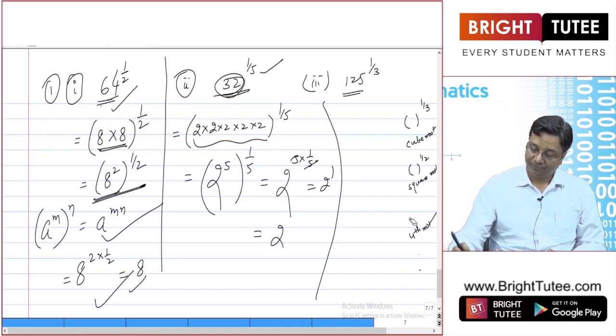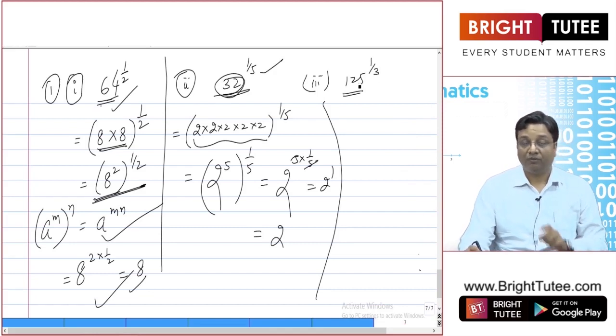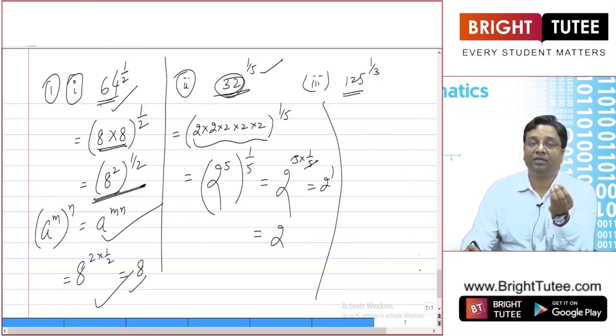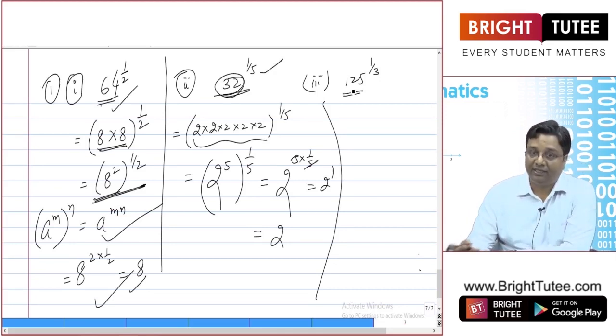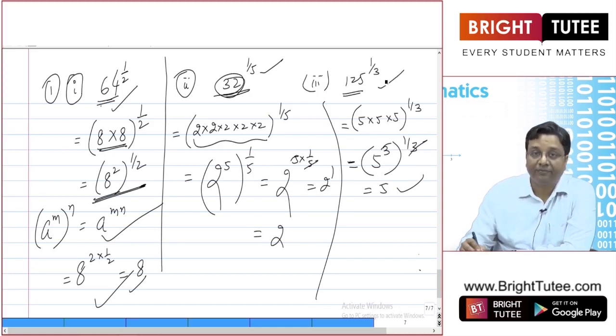So 125 is raised to 1 by 3. What I'll prefer is that 125 can be broken into 3 factors which are same. In this case, the question is very easy because 125 can be written as 5 into 5 into 5, and it is raised to 1 by 3. So 5 into 5 into 5 is nothing but 5 cubed, and it is raised to 1 by 3. So you can write 5 as your answer, right?